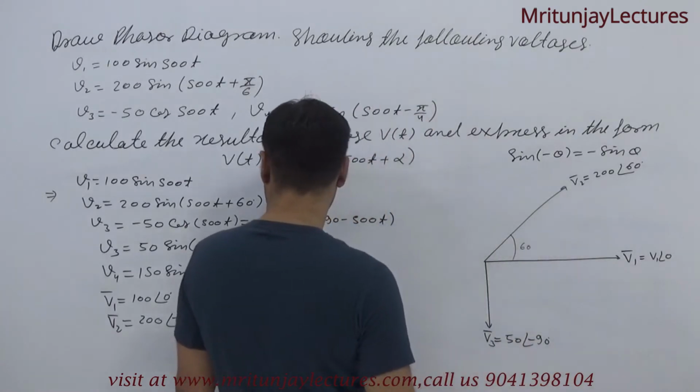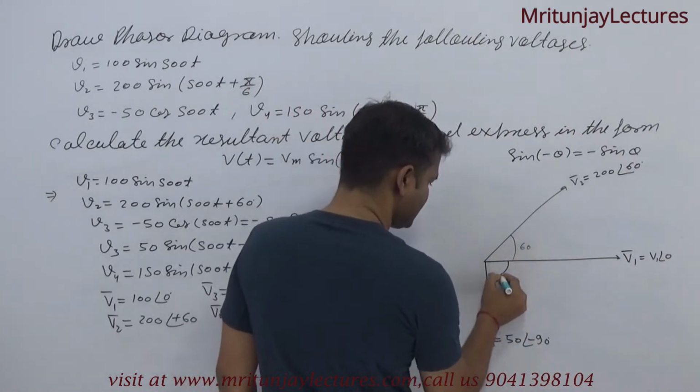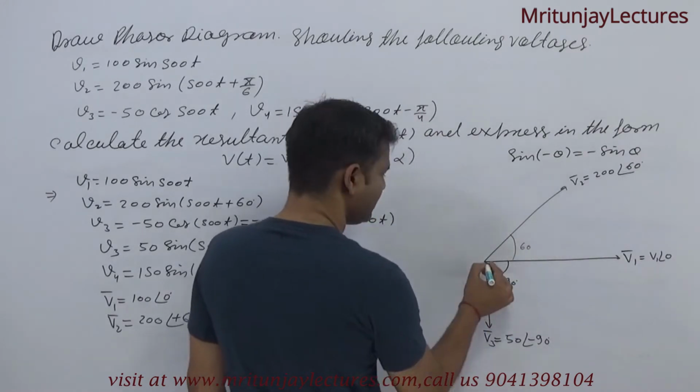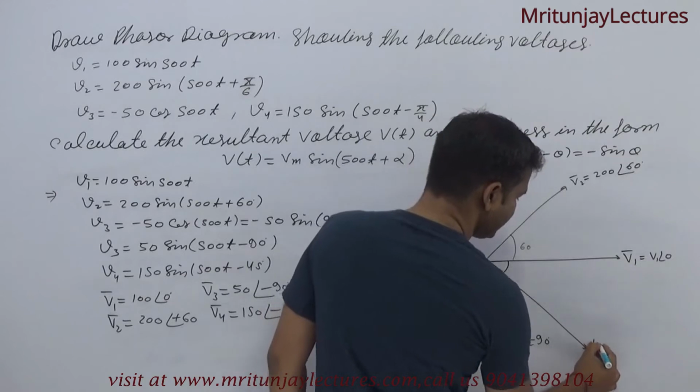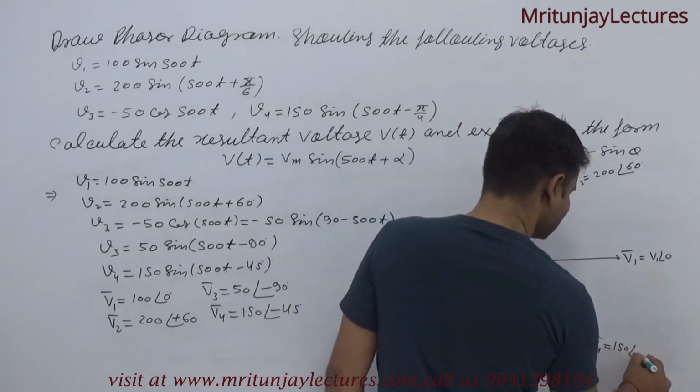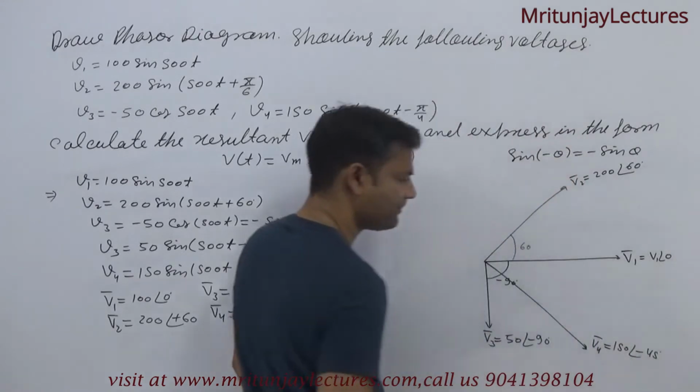And what about V4? Minus 45 degrees. So first that is minus 90 degrees, and last one 45, that is V4. V4 is 150 at the angle minus 45 degrees.